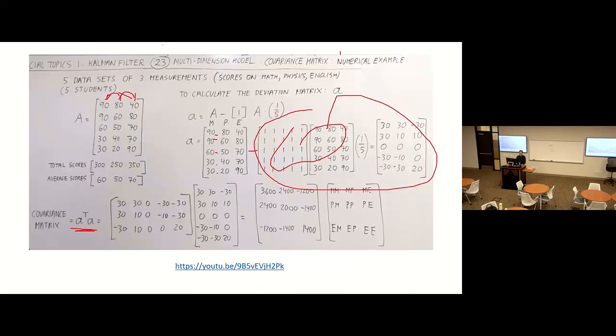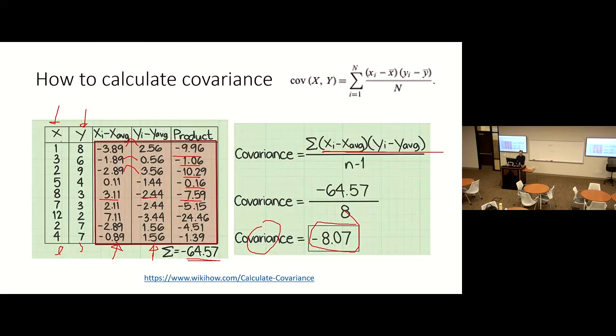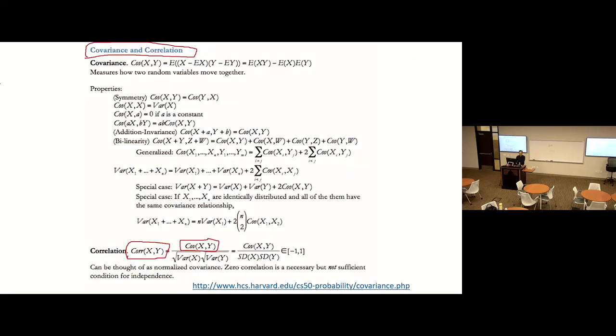So you calculate this. Okay, this divided by the product of the square roots of variance X and variance Y is your correlation coefficient. Okay, we use the correlation coefficient a lot.